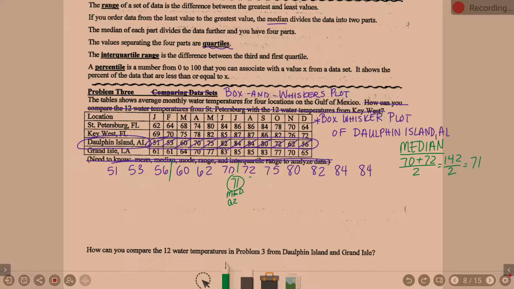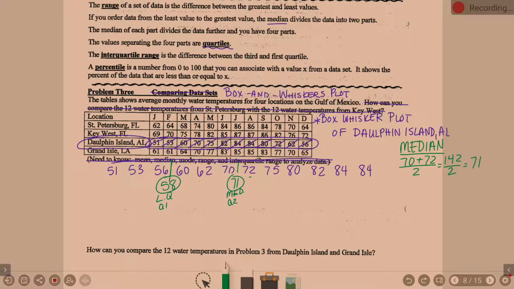We've got 6 numbers down there. Count in 3. And when we count in 3, what is in between 56 and 60? That is 58, isn't it? And that is your lower quartile or quartile 1.